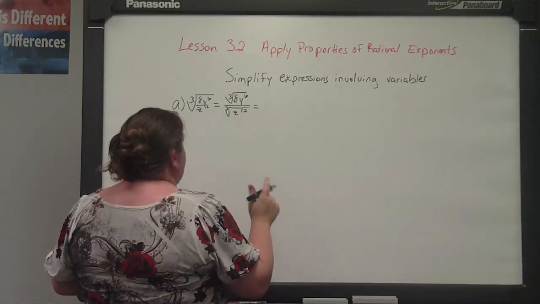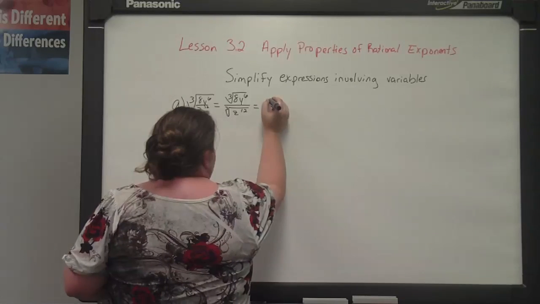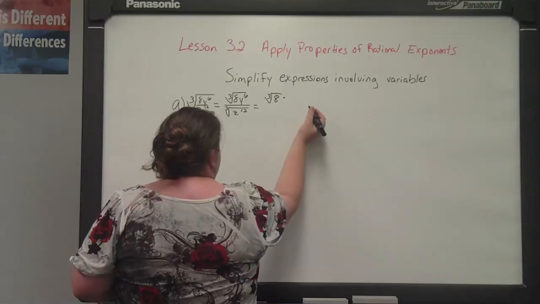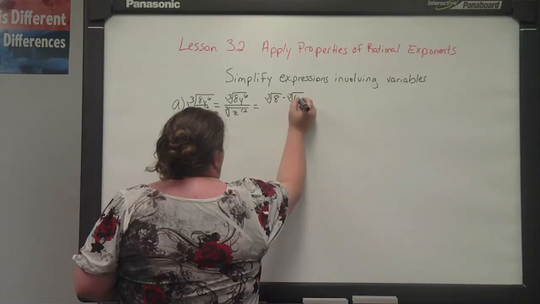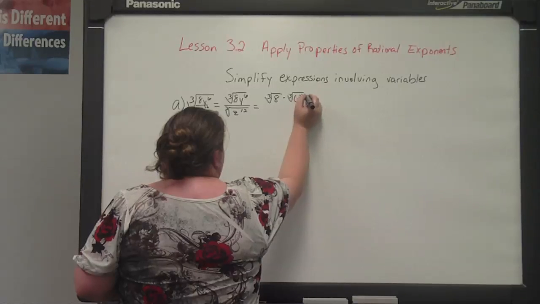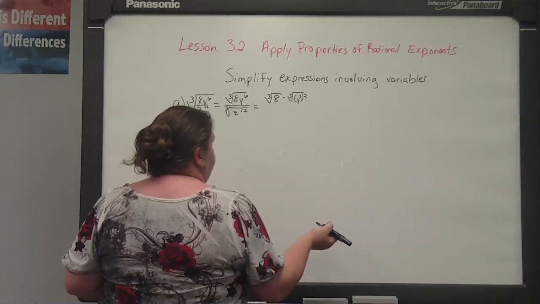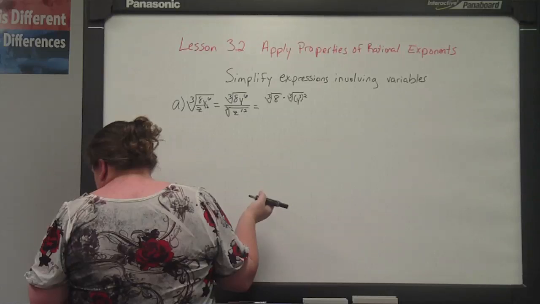So I can rewrite this as the cube root of 8 times the cube root of y squared cubed.